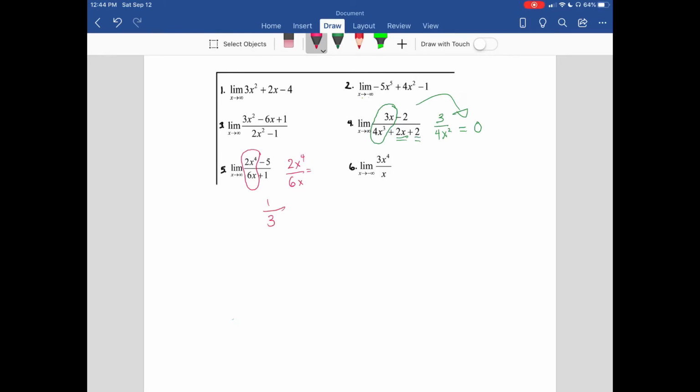And then I've got x to the 4th over x, so it's actually x cubed. So this simplifies to x cubed over 3.